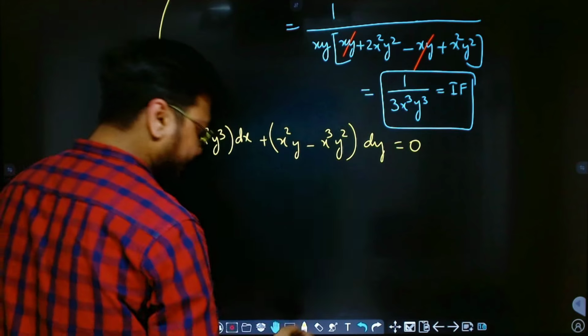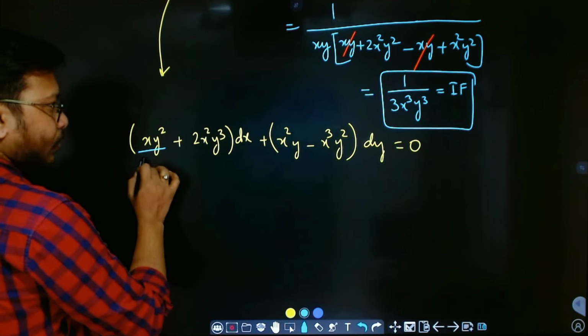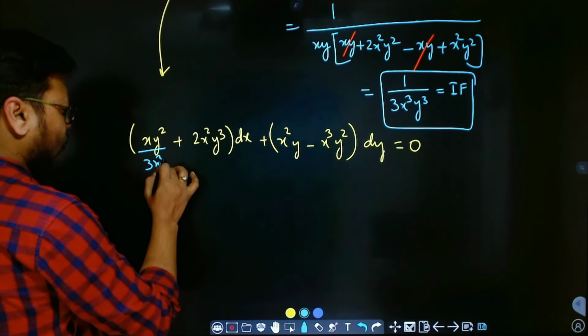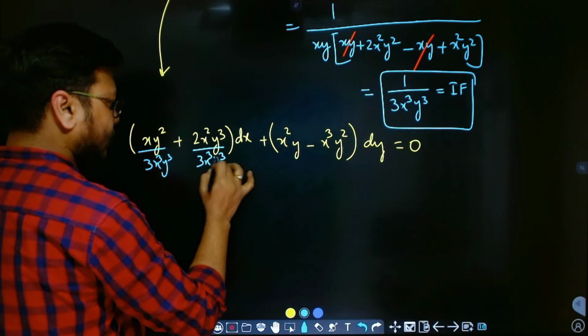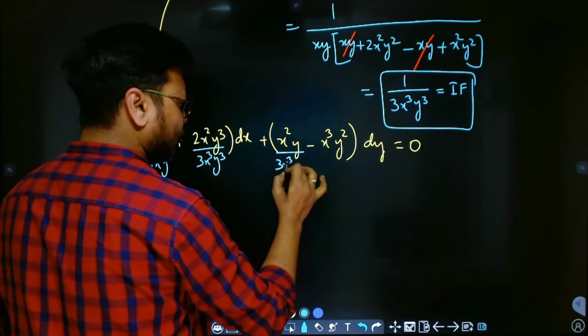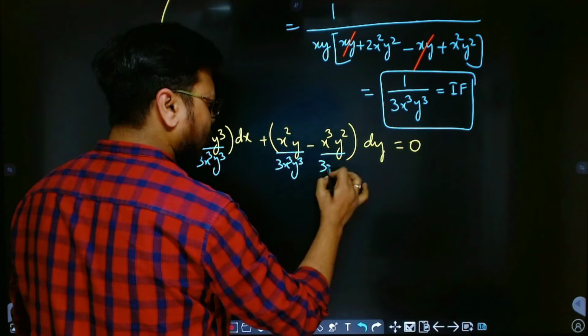The integrating factor is 1 upon 3x cube y cube, multiplied with each term.